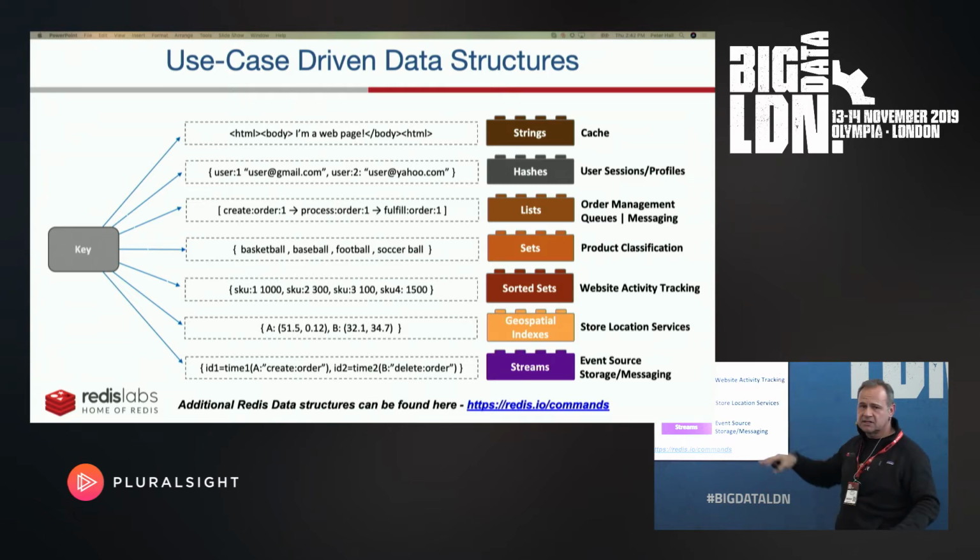We have sets. A lot of people build recommendation systems with sets, or they might use it for, Groupon use it for fraud identification, for example. It's a very, very fast, easy way to check for things like that. Sorted sets, just the same, but the elements in the set are actually ranked and weighted, so you can sort them very quickly.